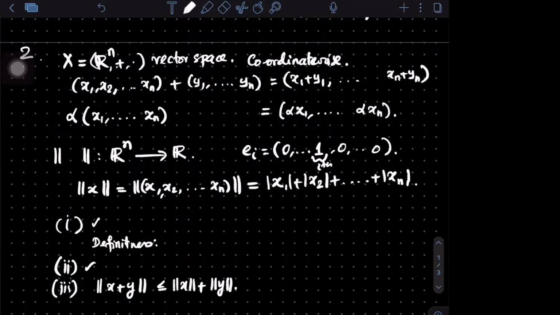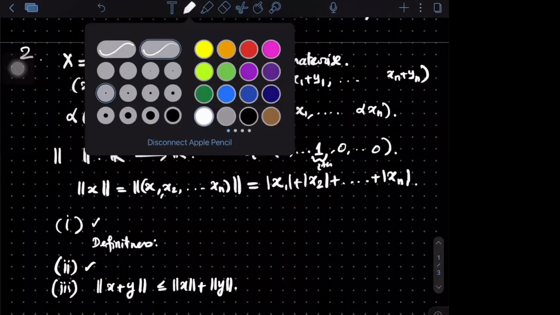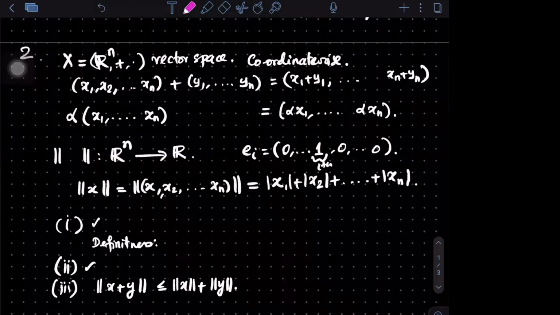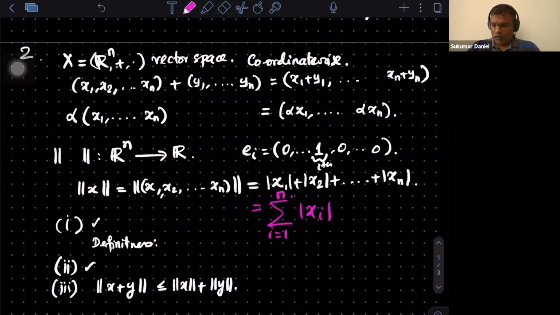Okay. So as he was saying, maybe it is time to say this also. In short we can also write this, just an extra notation. These are the same.